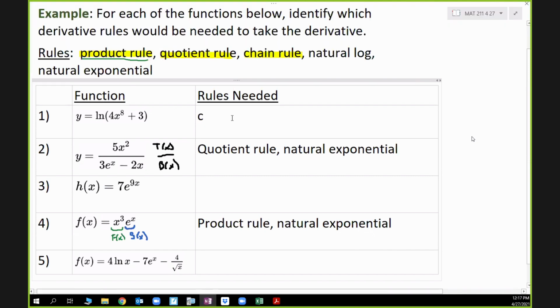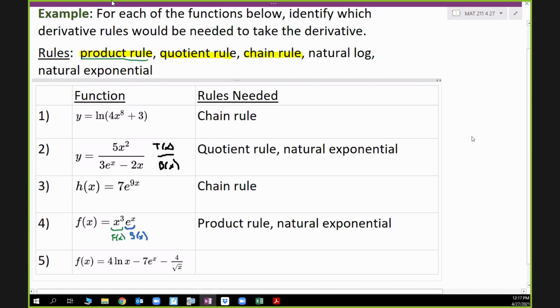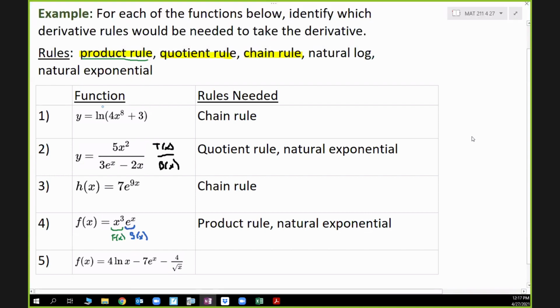So here we have chain rule. On this first one, this natural log is our exterior function. If we look at this function from the outside, the first thing that we would see is the ln of x.